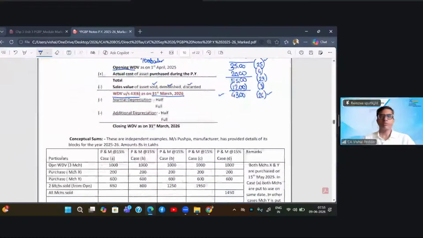Now, for this 43 lakhs, you will compute depreciation. Now comes the calculation part.